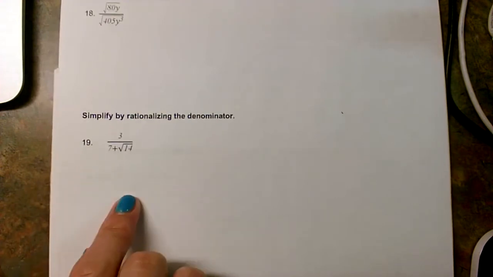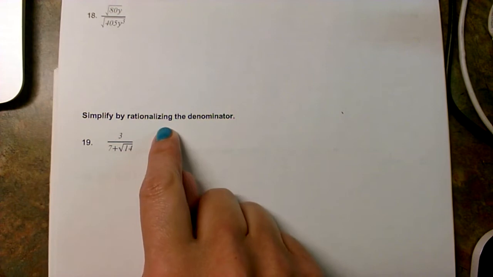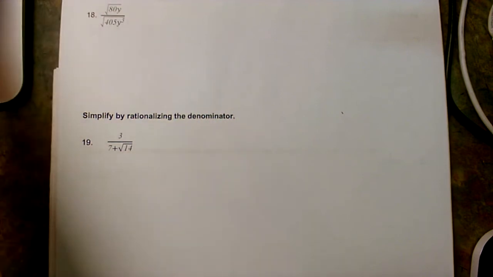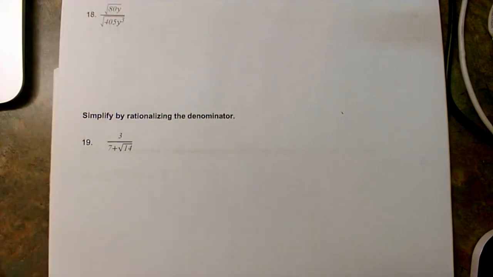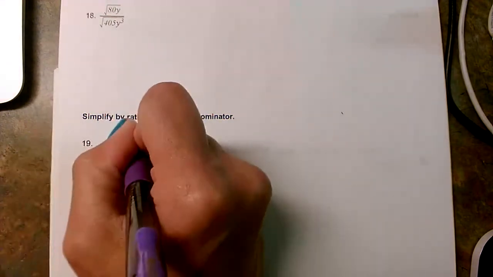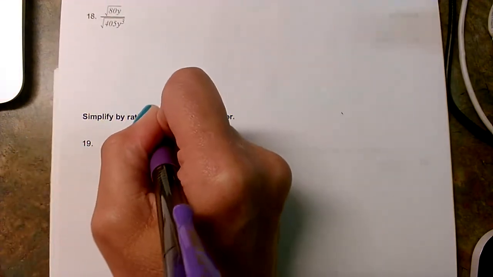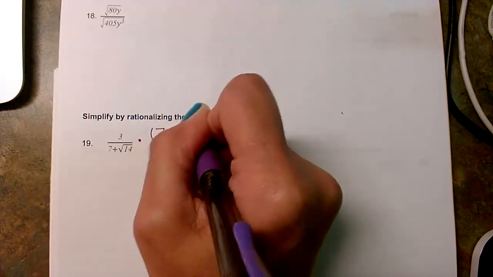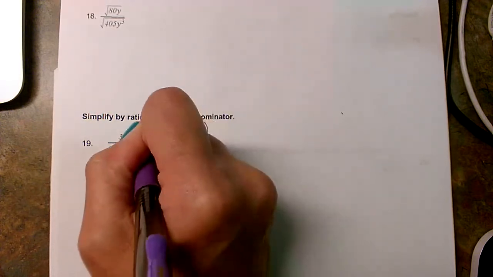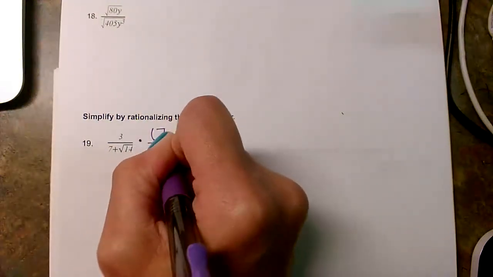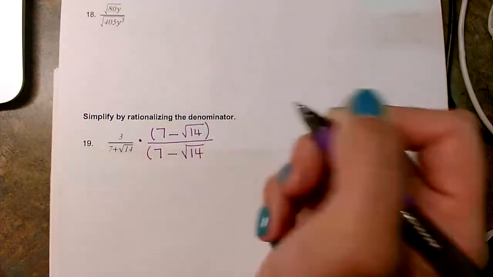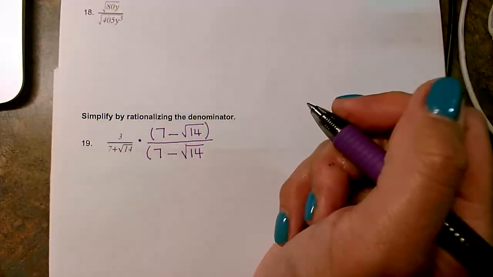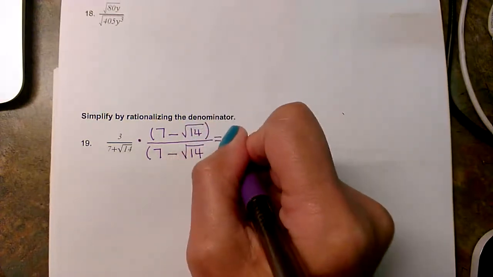Let's do 19. It says simplify by rationalizing the denominator. Okay. That means when it says rationalizing, meaning that we're going to have to multiply it by the conjugate, meaning the same terms but opposite signs. Here we go. Okay, so we're going to multiply this.